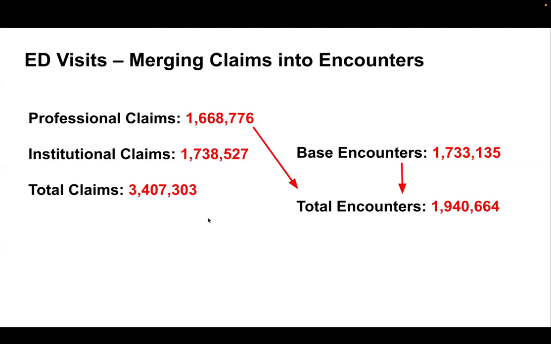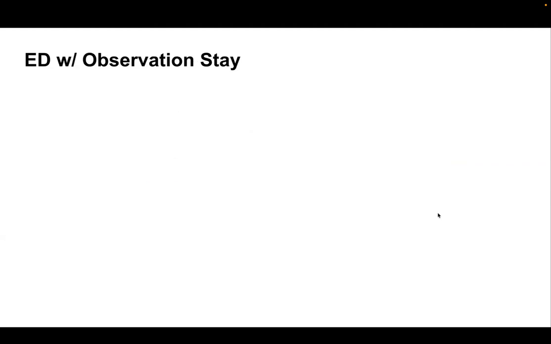So you can see this is a big difference. If you were just counting distinct claims, you're getting 3.4 million, versus total unique encounters of 1.9 million. So very, very different numbers. Now let's get into the different types of ED visits. That 1.9 million number represents our total number of ED visits in the population.